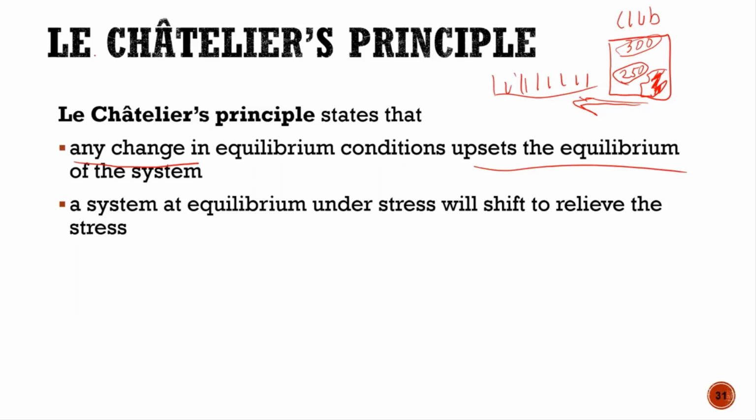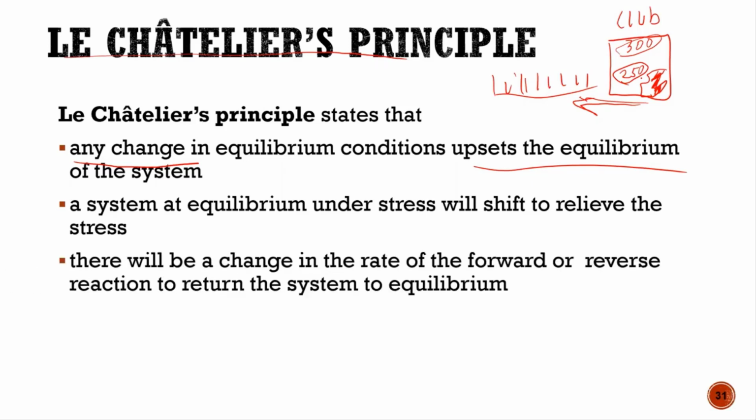That's similar to what Le Chatelier is saying with reactions. There's some stress, and there's going to be a shift to relieve that stress. If I can only fit 250 people in the club and there's 300, I'm going to have to kick 50 people out, right? So there will be a change in the rate of the forward or reverse reaction at first to change the system back to an equilibrium.